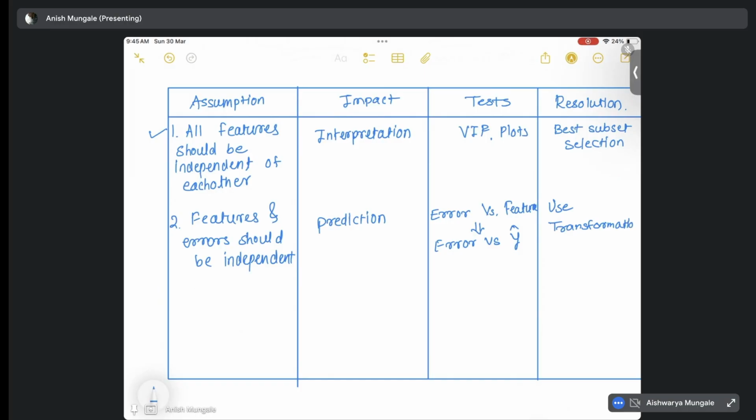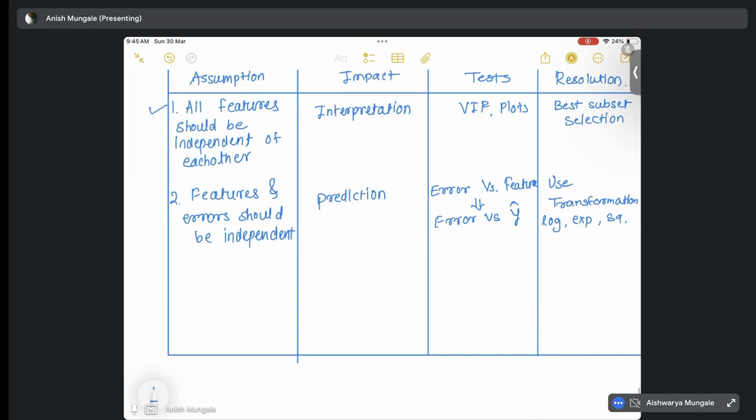Yes, like log, exponential, or square. Then our third assumption was error comes from normal distribution.